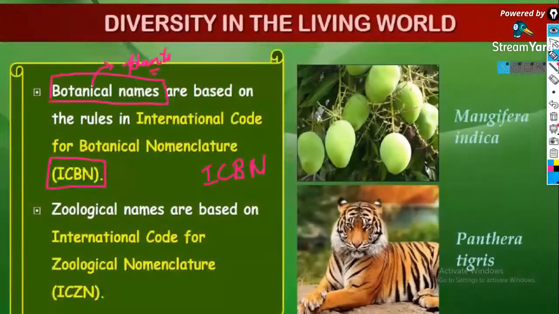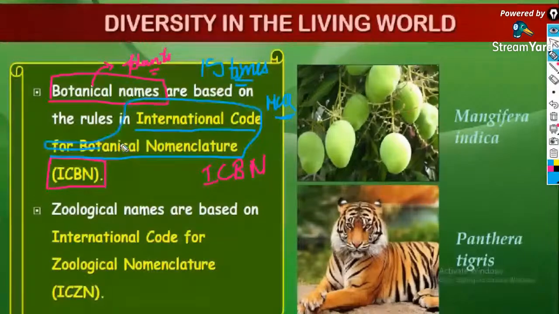This is an MCQ repeated at least 15 times for NEET. The full form is International Code for Botanical Nomenclature. Please take down, everybody. The universally accepted binomial names of plants are given by ICBN, the International Code for Botanical Nomenclature.